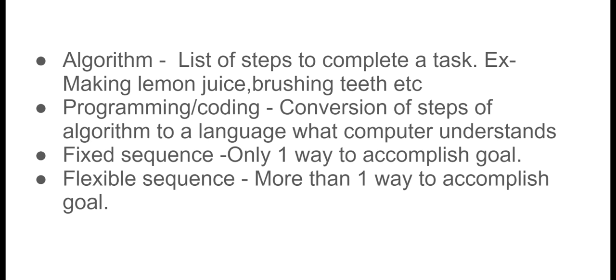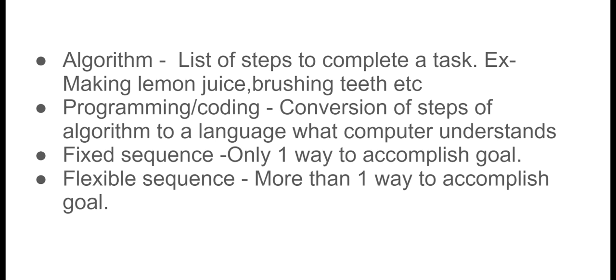For example, today we saw moving east and moving west. The same list of steps you have written would not be there in your computer. It would be south or east, so you have to fix that. If you convert that algorithm into a language that the computer understands, that is called coding or programming.